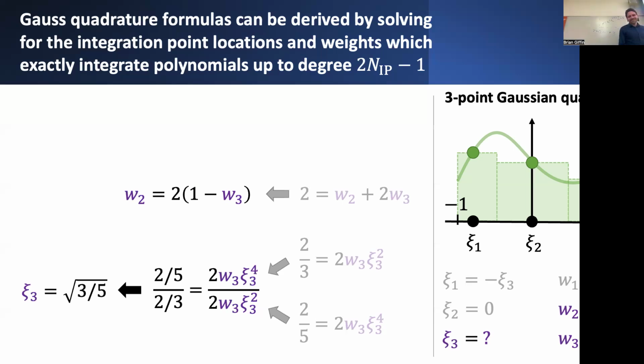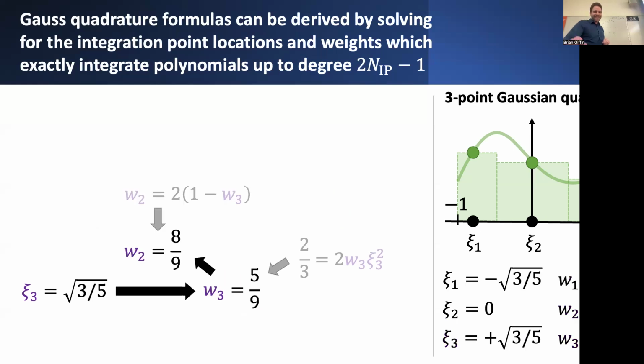I can use that to directly solve for the value of c3. Then, through an additional step, I can plug in this known value for c3, figure out the value of the third integration weight, and subsequently use this expression to determine w2. So voila, I exactly recovered those expressions that I showed previously.